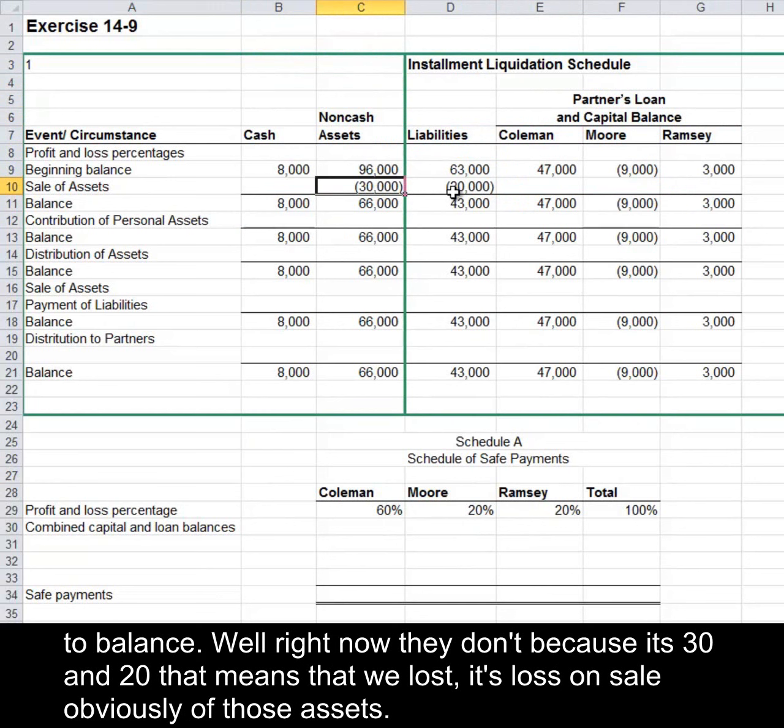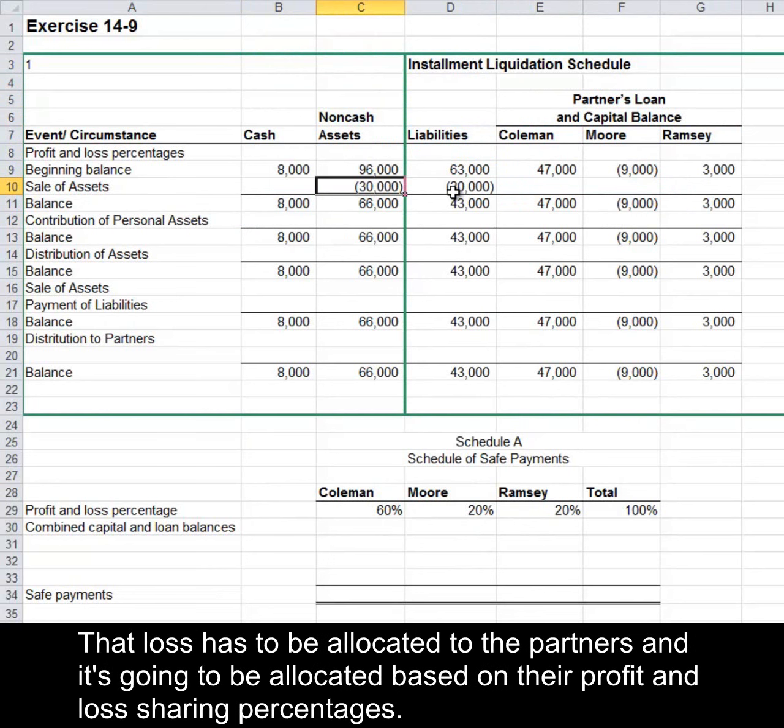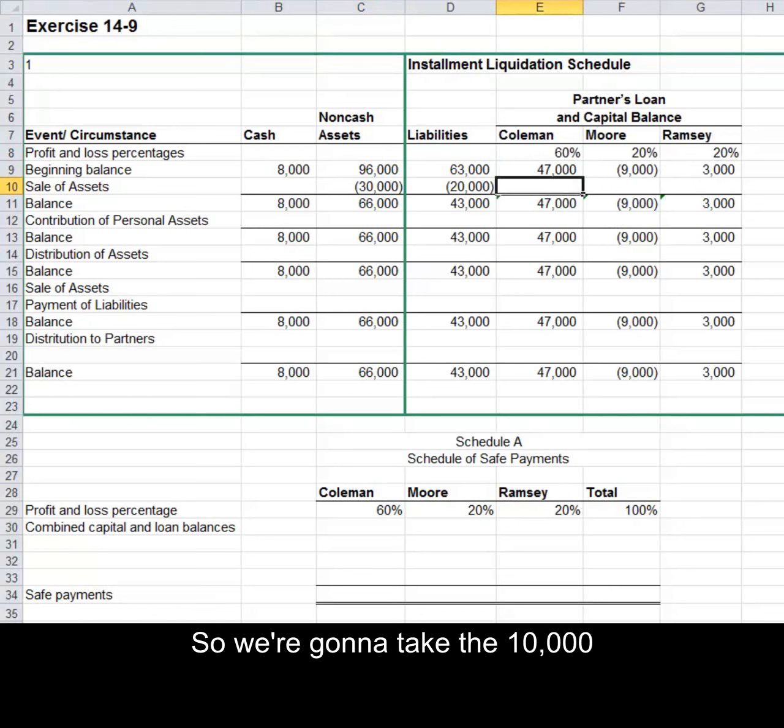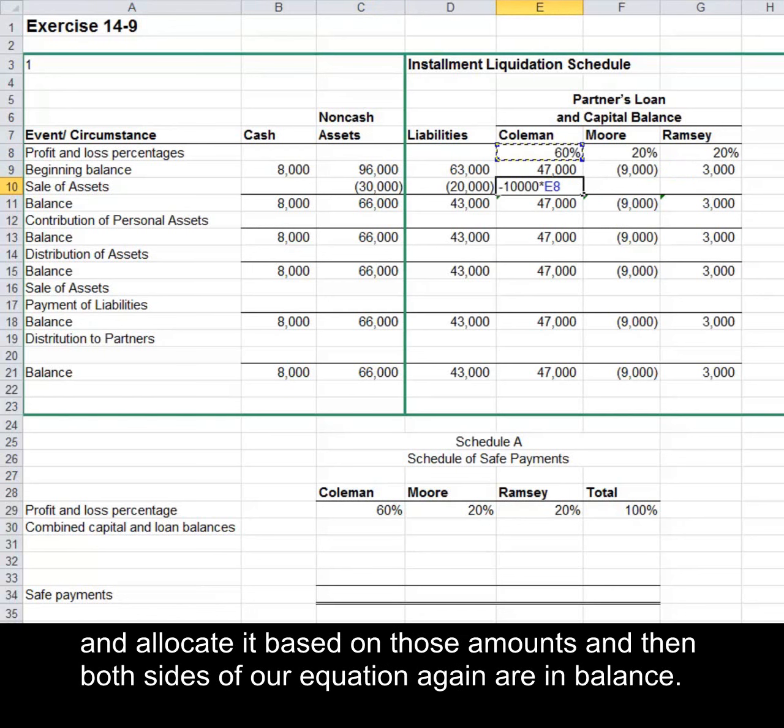That means that we lost, it's a loss on sale, obviously, of those assets. That loss has to be allocated to the partners, and it's going to be allocated based on their profit and loss sharing percentages. So we're going to take the $10,000 and allocate it based on those amounts, and then both sides of our equation again are in balance.